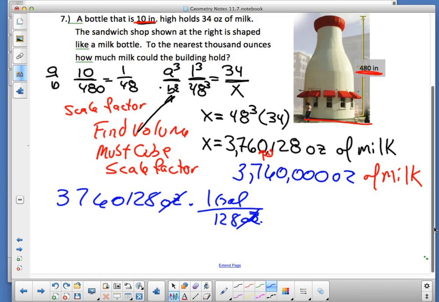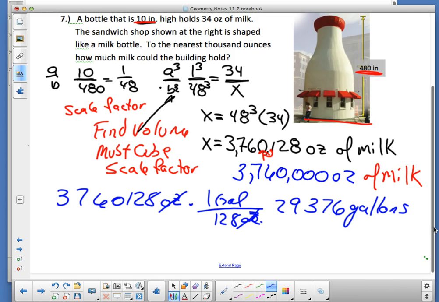So take 3,760,128 ounces, divide by 128 ounces, and it'll give us gallons. How many gallons is it, Dante? 29,376 gallons.